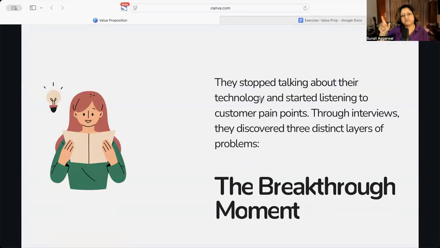So that was their first failure. So they stopped talking about their technology and started listening to customer pain points. So we did understand how to gather customer insights through customer interviews. And this is a very good case study of how it was leveraged to build a value proposition.